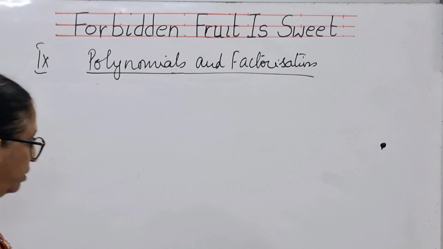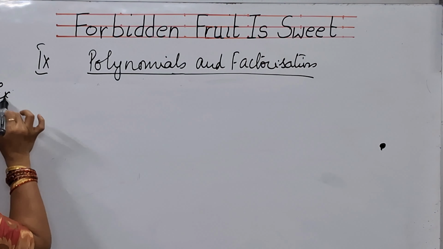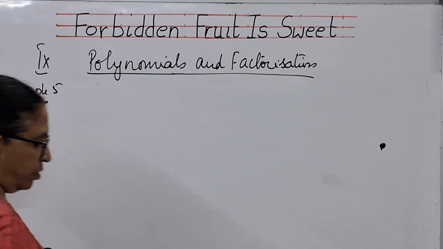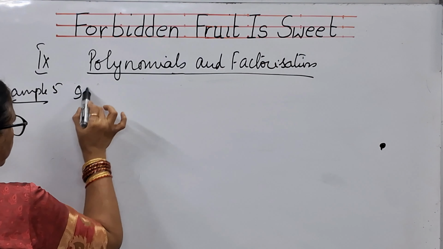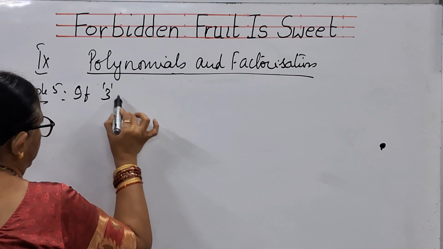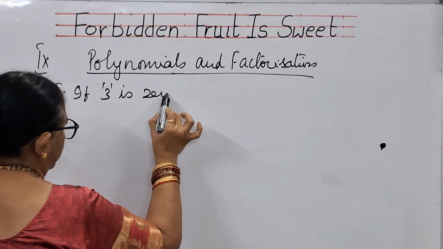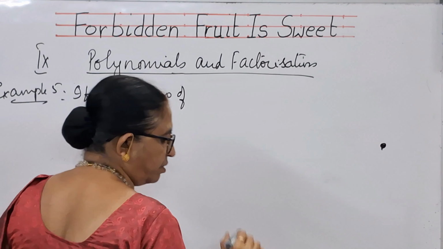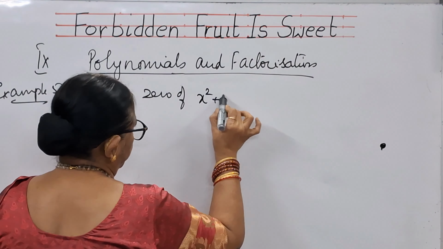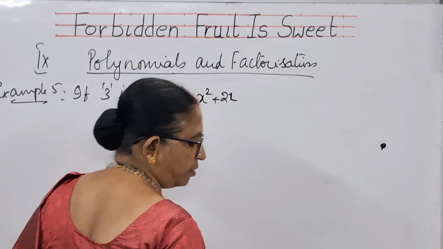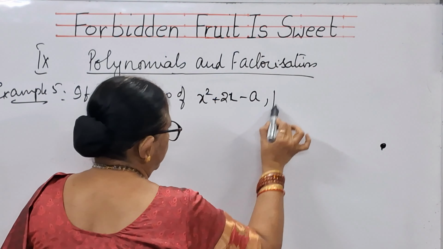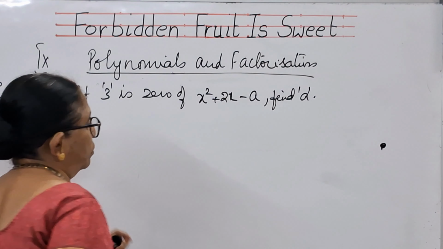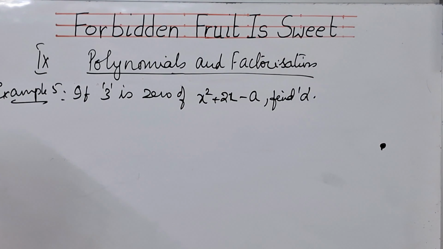Example 5. If 3 is a zero of x square plus 2x minus a, find a. This is the question, very important, this kind of questions.